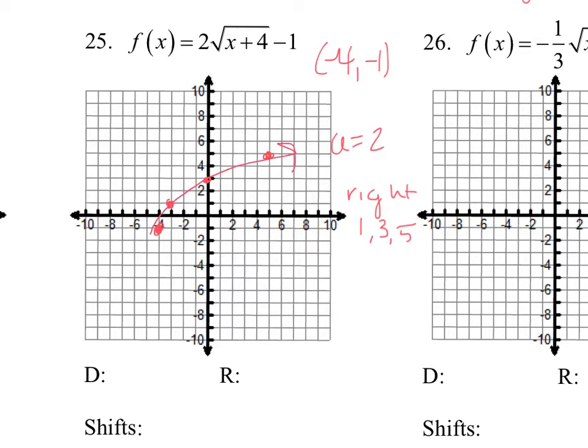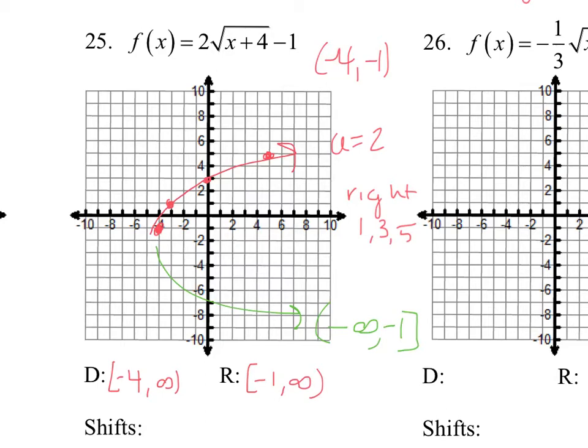Remember that square root functions can only go in one direction. The domain and range start at the starting point, so this is going to go -4 to positive infinity, and this is going to go -1 to positive infinity. If, hypothetically speaking, say our graph went down, then the domain would have been the same, but then this would have gone -infinity to -1. Okay.